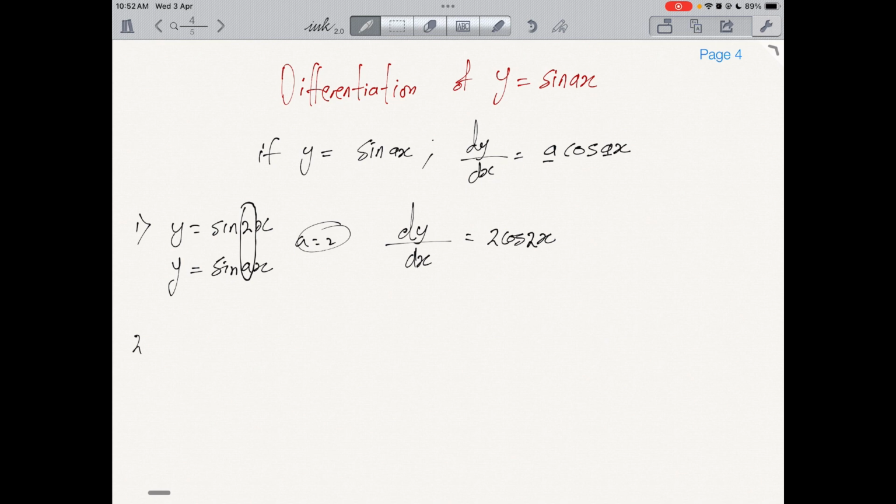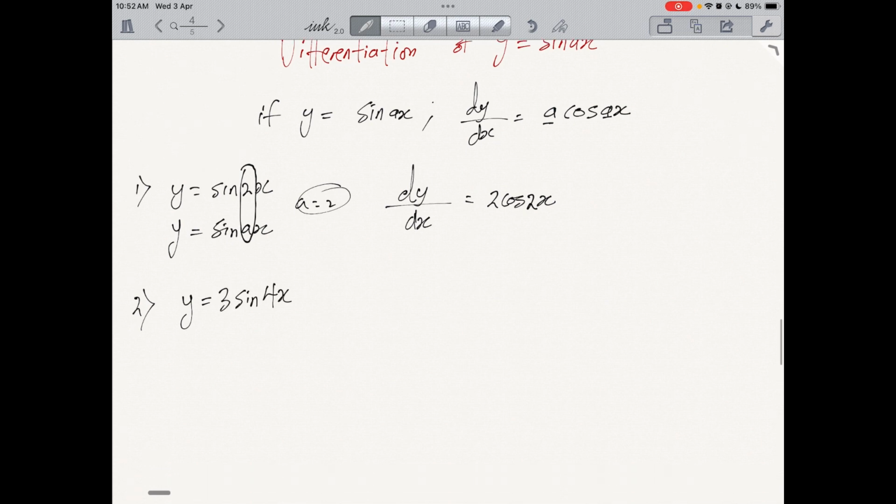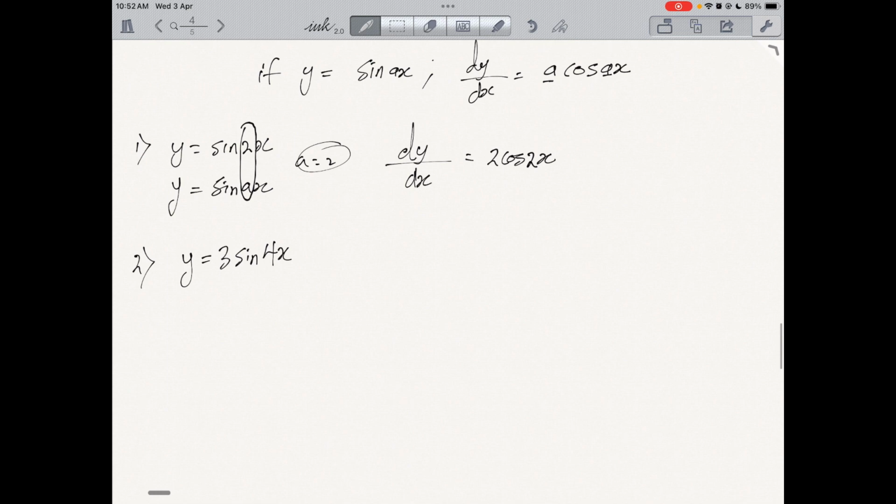Let's take another example. Given y is equal to 3 sine 4x. Now the first thing we will consider is to compare it to sine ax and to know what our a stands for. When we compare to sine ax, we have that our a is equal to 4. But then we don't know what this 3 is.